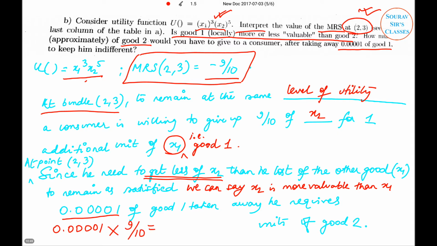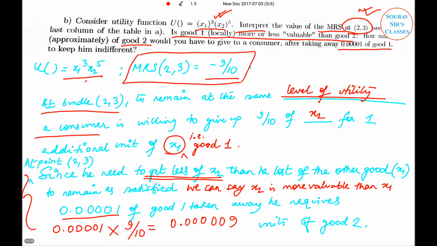So you multiply this and then you will get 0.0000009 units of good 2. Okay, and this has to be done so that the level of utility for the consumer remains unchanged.